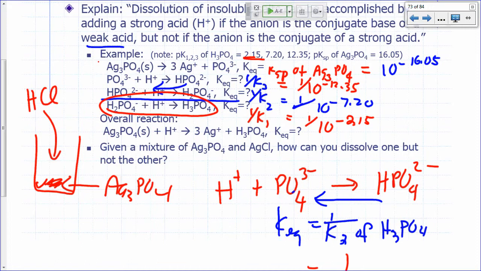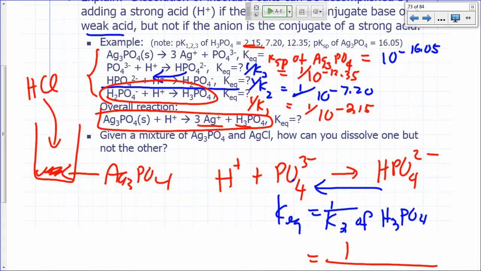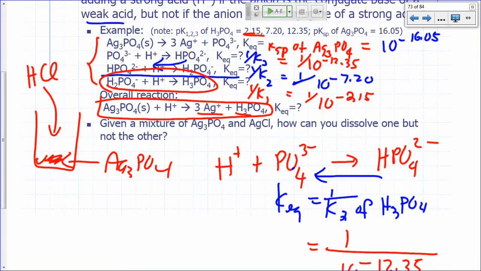So what's the overall KEQ? If you add up these 4 reactions, you end up with silver phosphate plus H plus giving you 3 silver ions plus H3PO4. What would you get there?